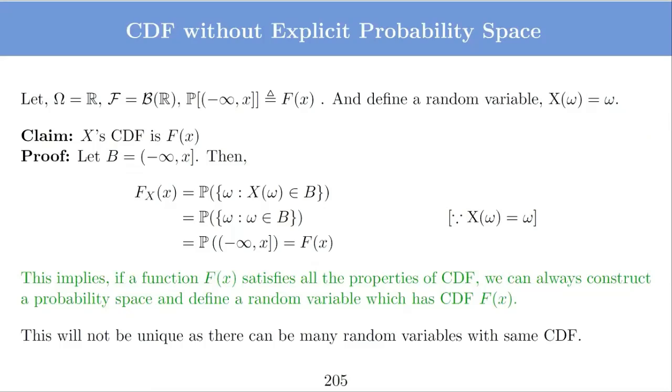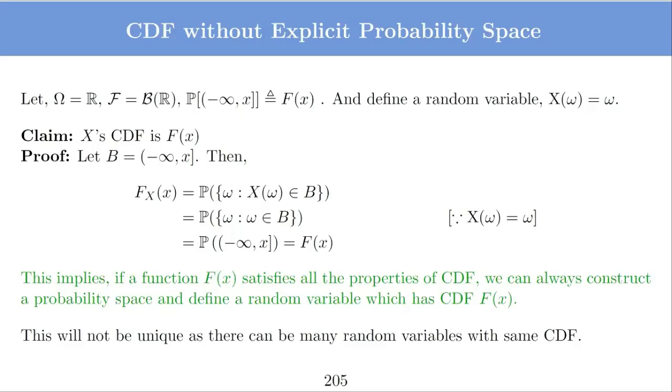Then the CDF of X, F_X(x), is defined as the probability that X(omega) is less than or equal to x, or X(omega) takes a value in this set B. Now, because X(omega) is omega, this is the same as the probability of the set of all omega such that omega is less than or equal to x, or omega belongs to B. This set is nothing but B itself.